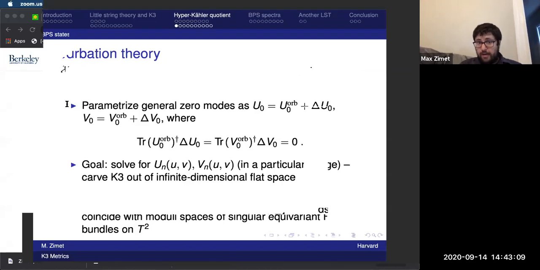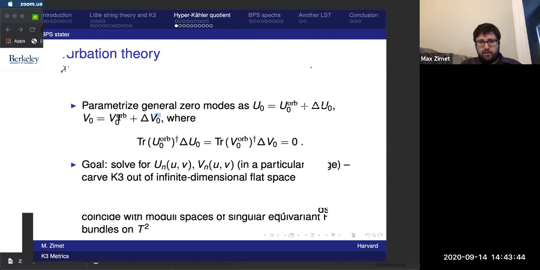Okay, so now I can describe our perturbation theory. Namely, we're going to parameterize the zero modes of our connection in this way. So U orb is the formulas from the last slide, and then these deltas will just be some orthogonal pieces in the zero modes. So we're going to write the most general solution of the orbifold constraints on the zero mode in this form.